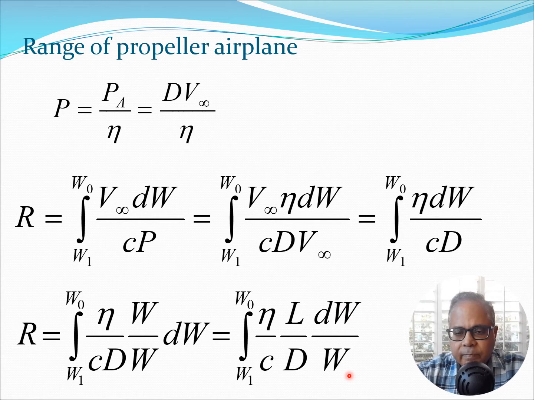So this is the use of the fact that we are assuming steady level flight here, and that lift is equal to weight. Now, once we do this, we can express this integral in terms of L by D, and this is something we are very familiar with as far as aerospace is concerned, because we are always concerned with the lift to drag ratio. And now we also obtain dW by W, which lets us actually calculate this integral.